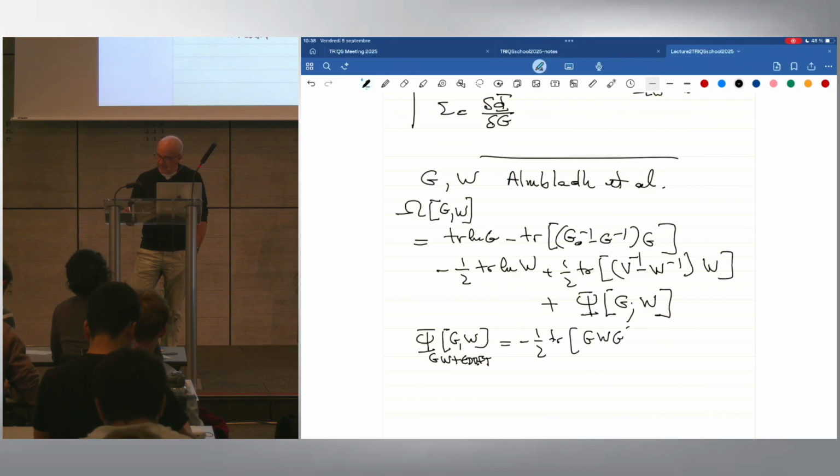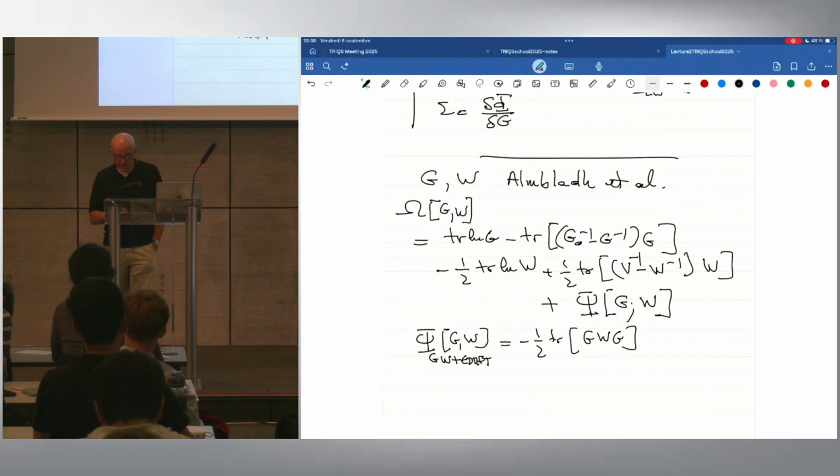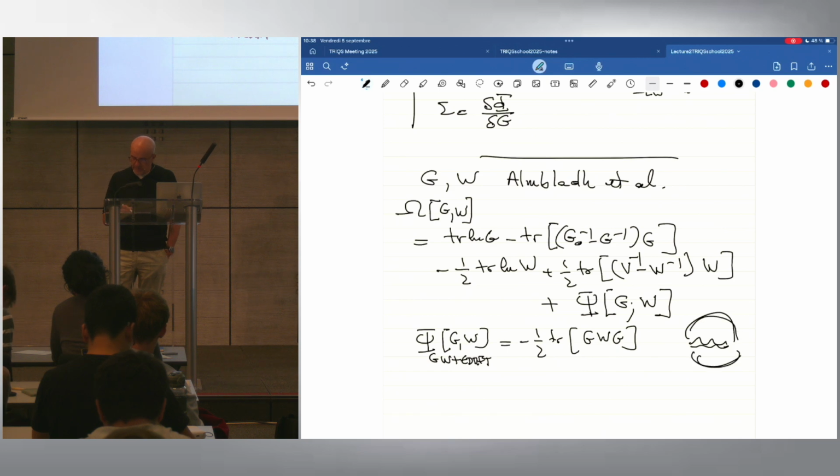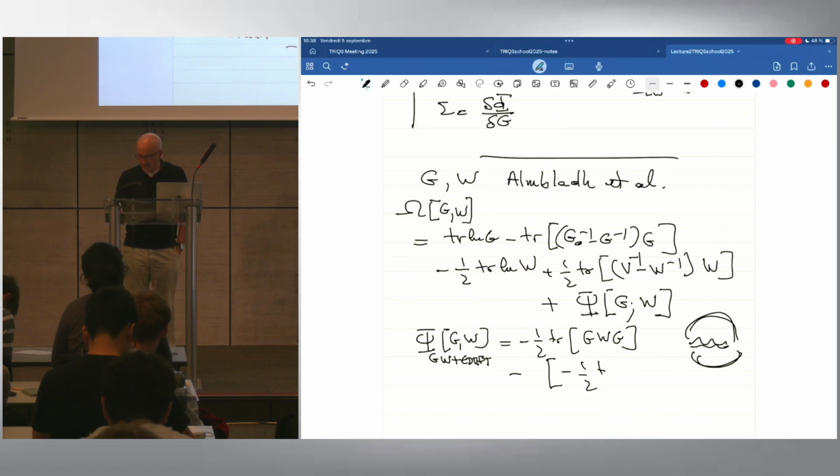If you just stop there, that would be the GW approximation. If you use that functional, which is just the lowest order fully dressed diagram, and you take stationarity, you will derive the GW equations. So psi GW plus DMFT is doing this, removing the local contribution. So we remove minus 1/2 trace of G local, W local, G local.